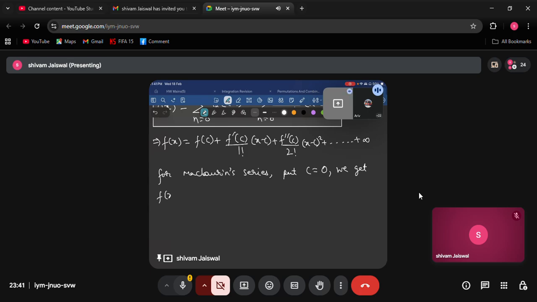We get f of x is equal to f of 0 plus f dash 0 by 1 factorial into x plus f double dash 0 by 2 factorial into x square plus f triple dash 0 by 3 factorial into x cube plus dot dot dot up to infinity.